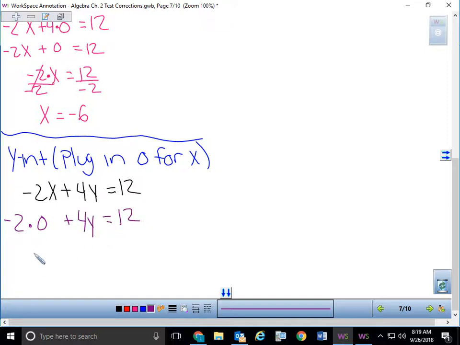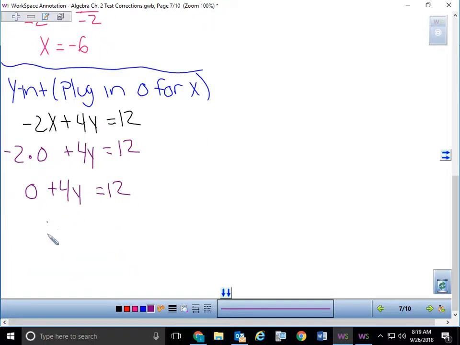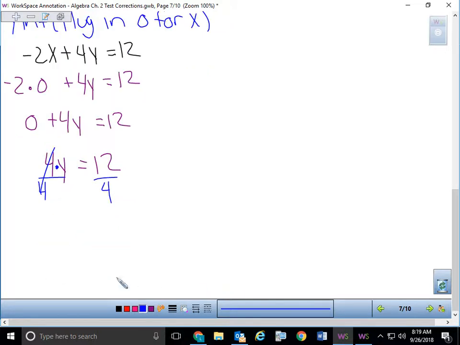Anything times 0 is 0, so I have 0 plus 4y equals 12. This gives me 0 plus 4y, it's just 4y equals 12. I'm doing secret operation of multiplication. I can divide everything by 4. This tells me my y-intercept is a positive 3.